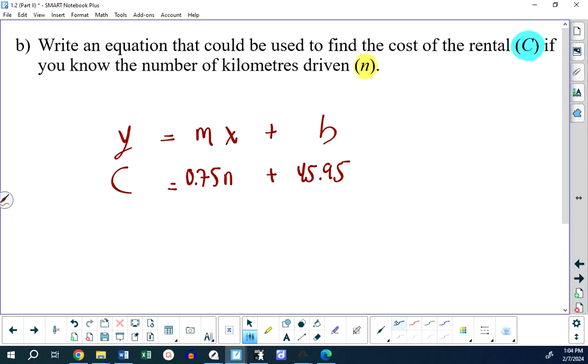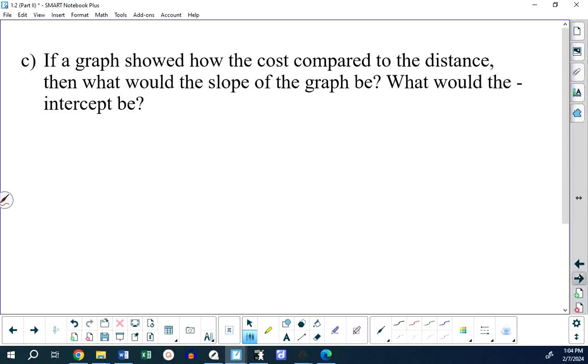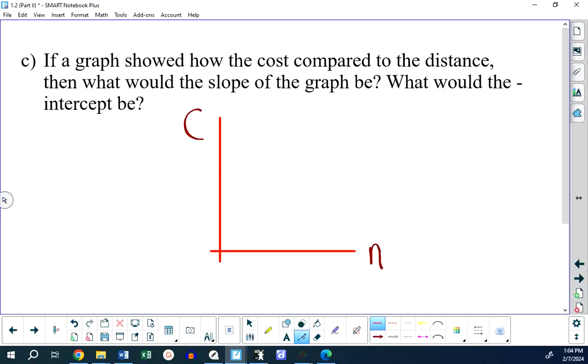And you know what? You could probably come up with that equation even before this lesson, just reasoning out how your bill would be calculated. If a graph showed the cost compared to the distance, cost, number of kilometers, we know it would look like this.